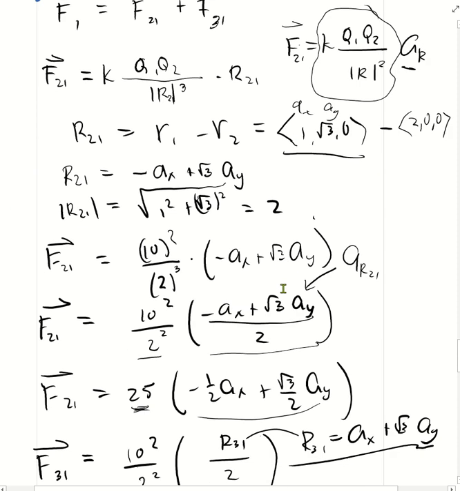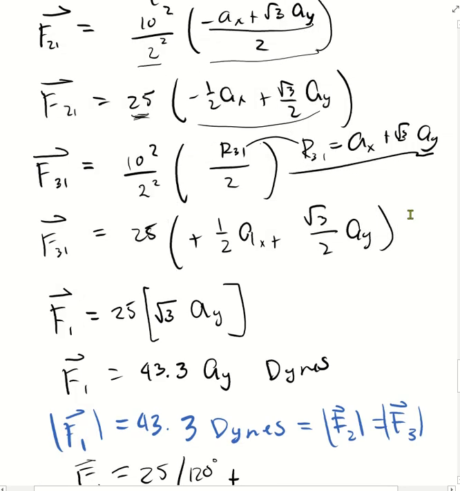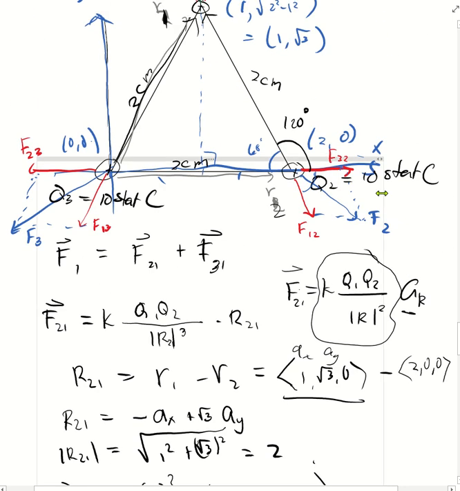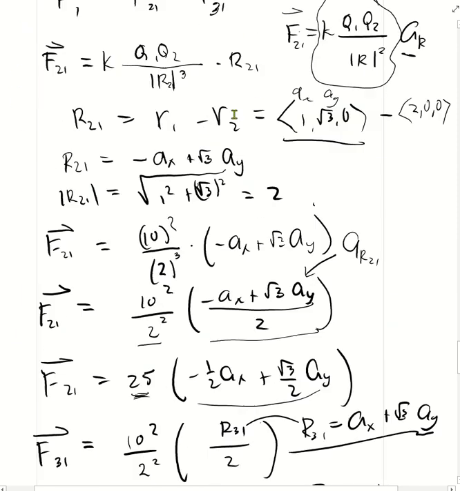So F21 is 25 angle 120 degrees. Then you add that with F31. Well, F31, this angle here is 60 degrees, so F31 is 25 angle 60.